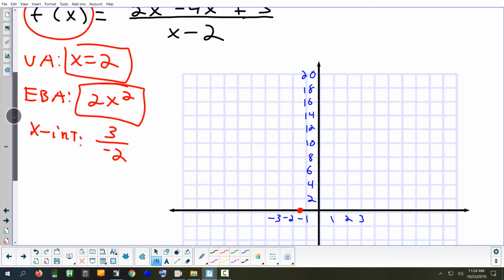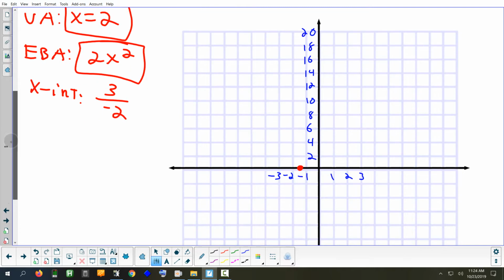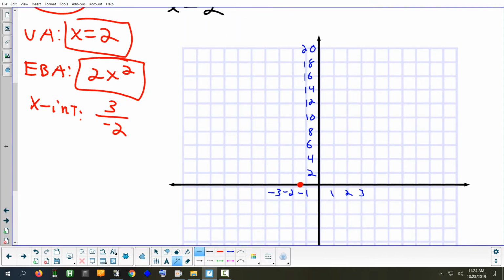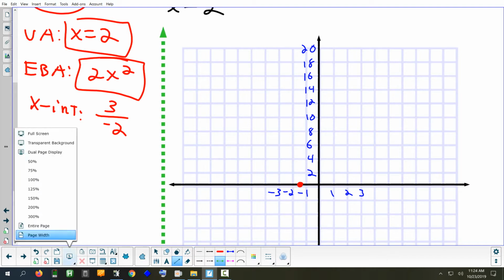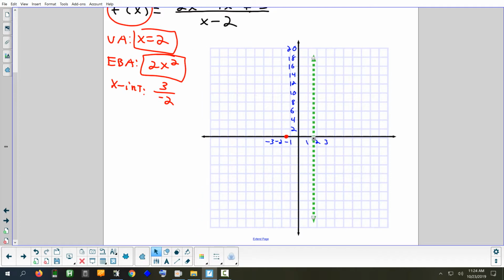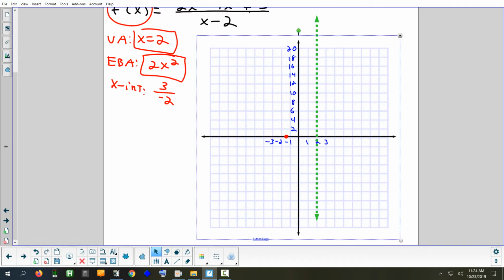Let's sketch our vertical asymptote. Alright, so I'm going to put that in. It's going to make it a little smaller. Alright, put that in at 2. And I'm just going to extend that.